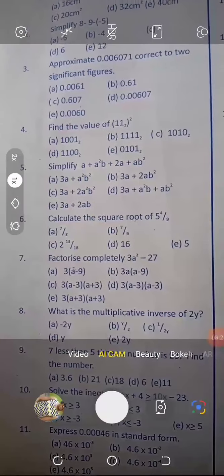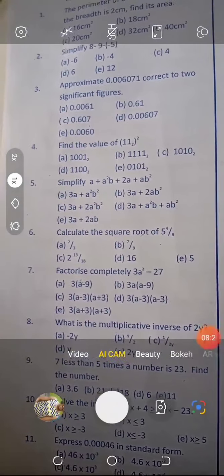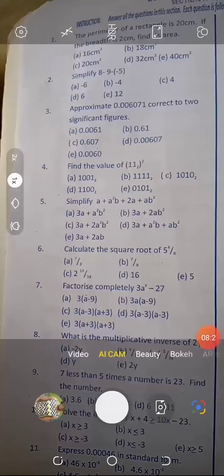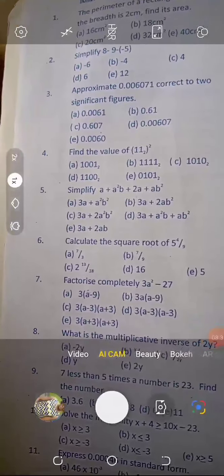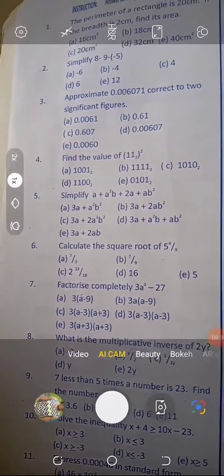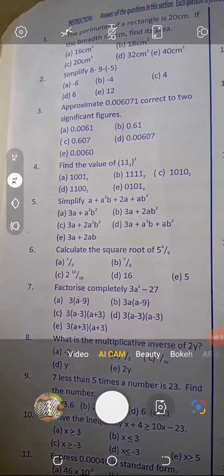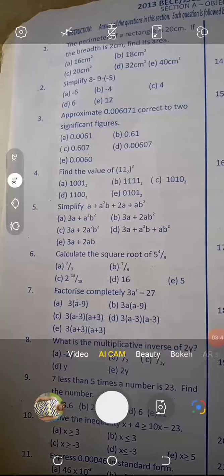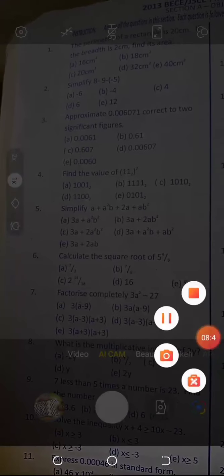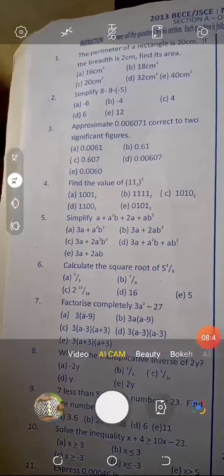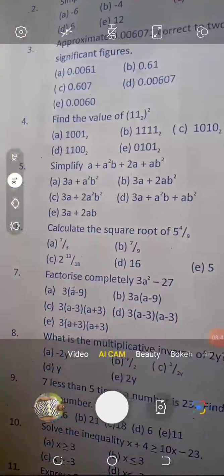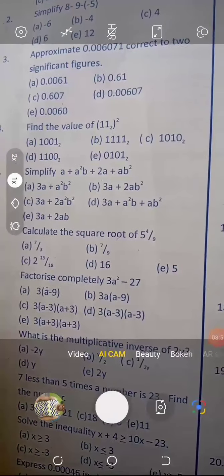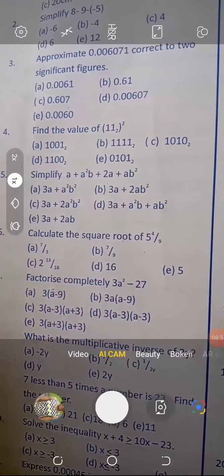It says calculate the square root of 5 whole number 4 over 9. That is the equation. Square root of 5 whole number 4 over 9.